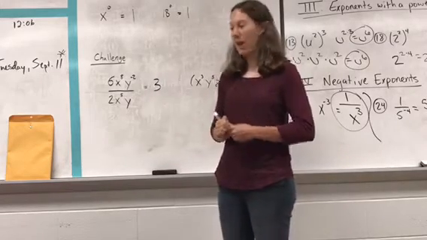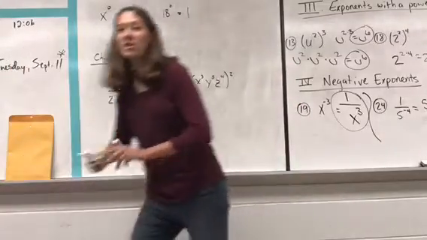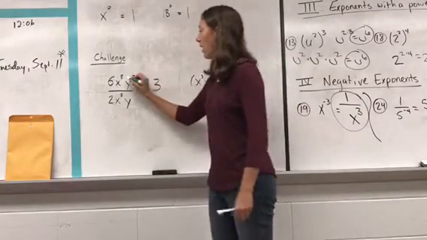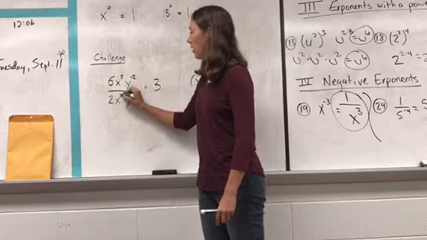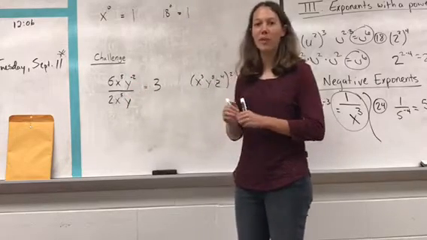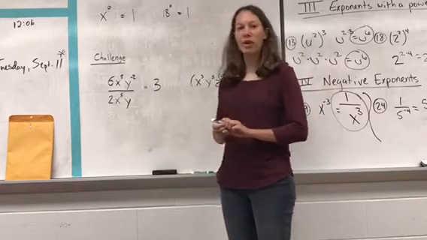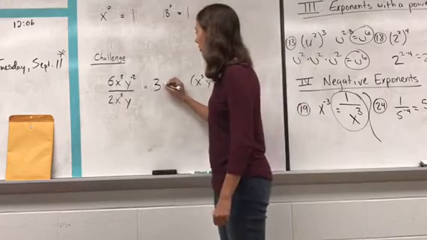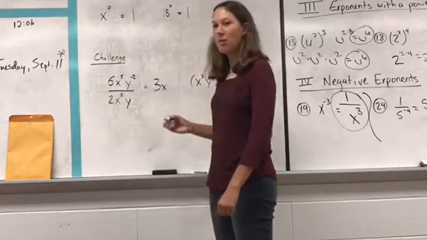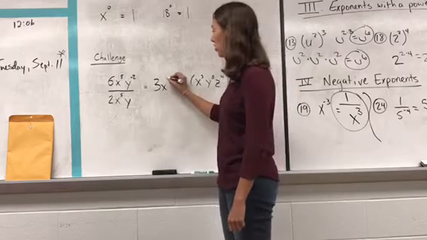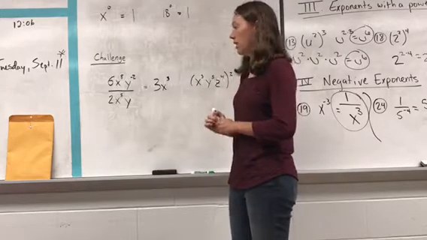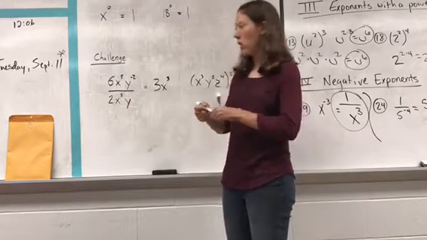We're now going to look at our x variable. I have x to the 8th power over x to the 5th power. It's a division problem, so I'm going to have to subtract. So I'll have x to the 8 minus 5, which is 3, so x to the 3rd power. Now I'm going to look at my last variable, which is y.